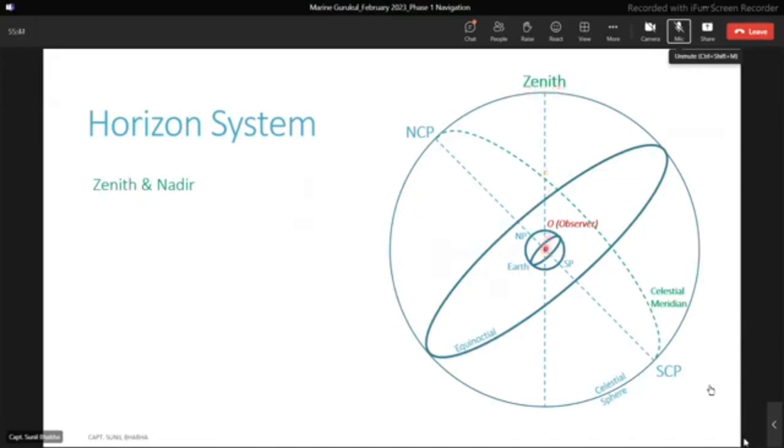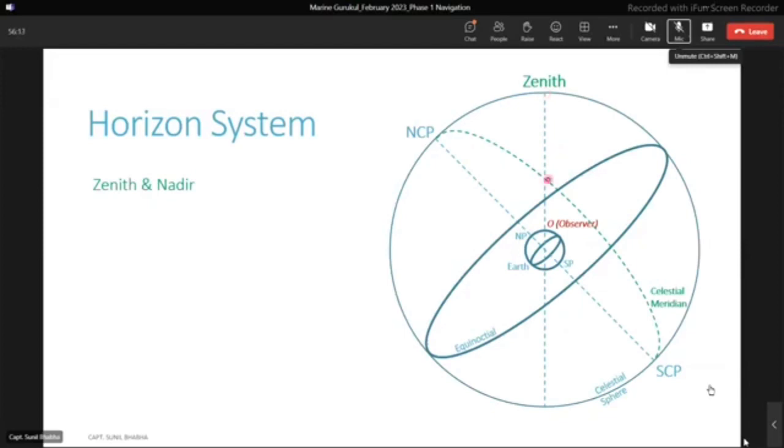So if you look carefully, you can also see that this zenith is the point on the celestial sphere which is directly overhead of the observer. So if you look up to the sky, exactly upwards, totally upright in the middle of the sky, the point which is there overhead of you is the zenith of the observer.